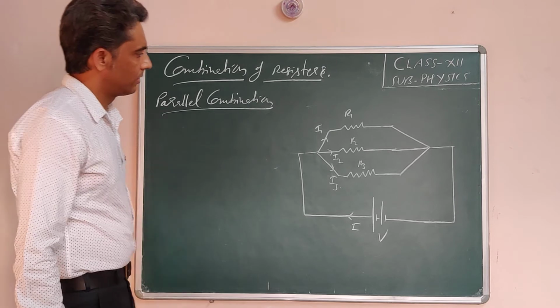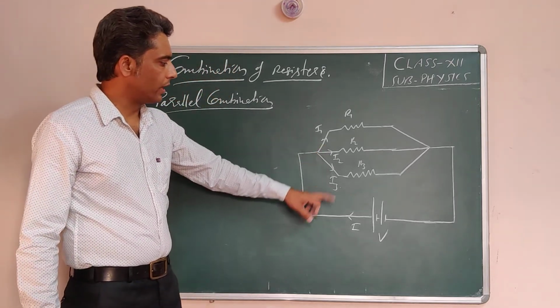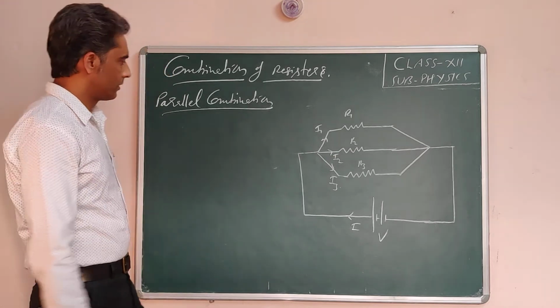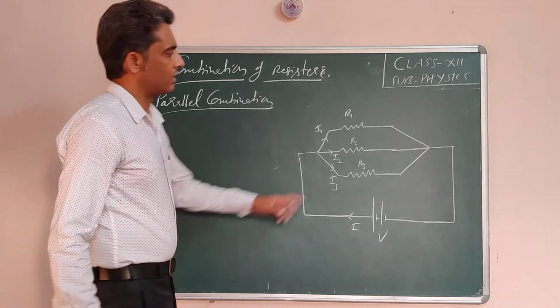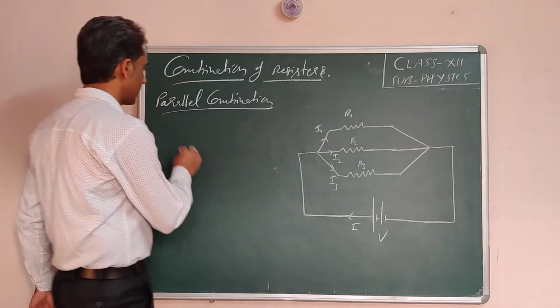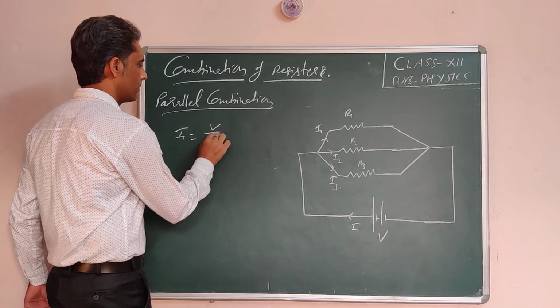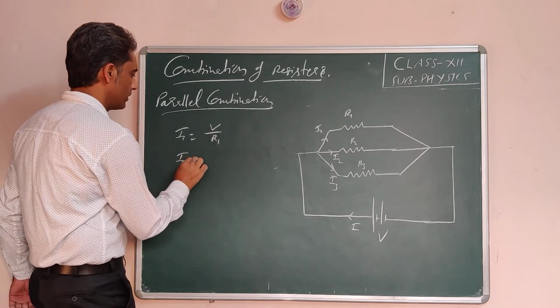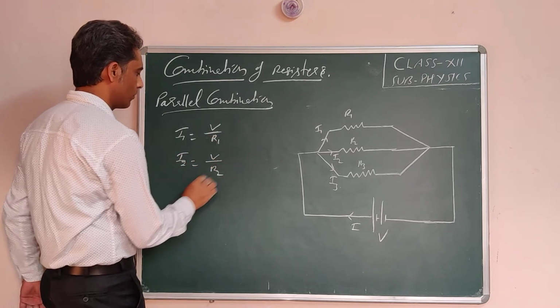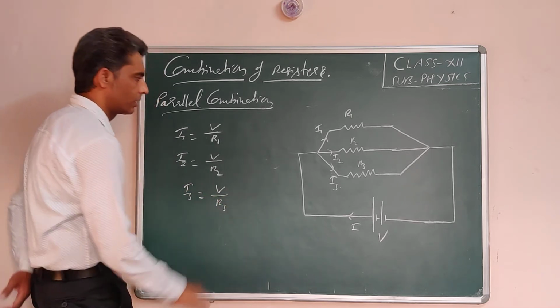So now again by Ohm's law, we can write the values of I1, I2 and I3. Here, because the potential difference across R1, R2 as well as R3 is V, we can write I1 is equal to V over R1, I2 is equal to V over R2, I3 is equal to V over R3.